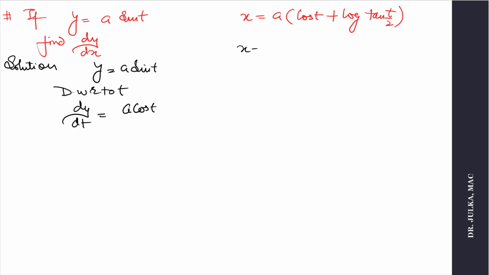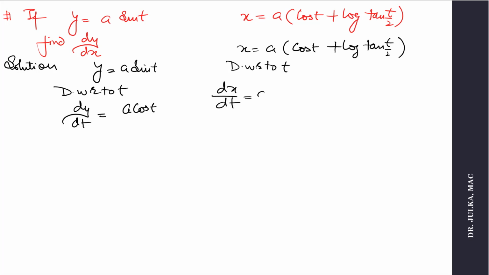In case of x, when we differentiate with respect to t both sides, we will get dx by dt equals a as it is, and the derivative of cos t is minus sin t, the derivative of log is 1 upon tan t by 2, the derivative of tan is sec square t by 2, and the derivative of t by 2 is 1 by 2.